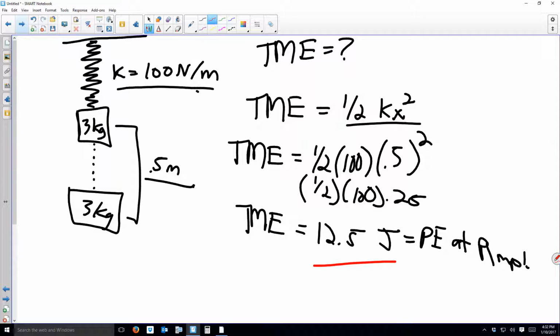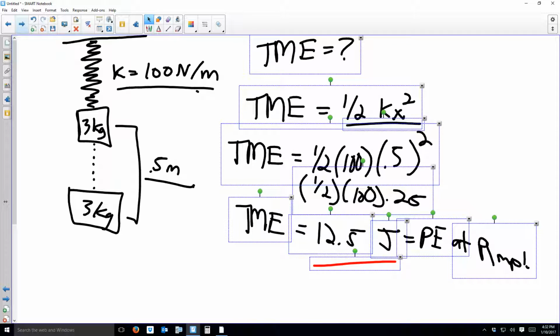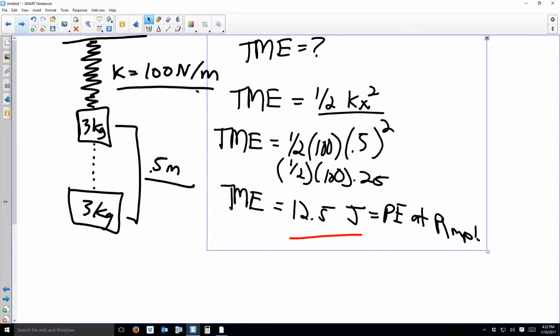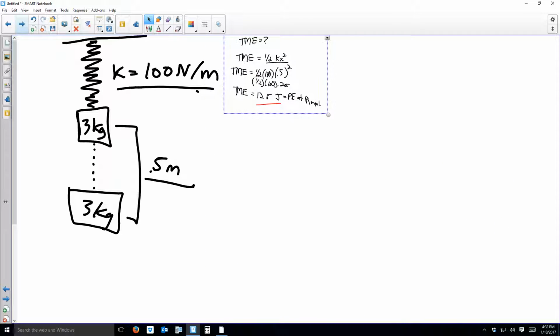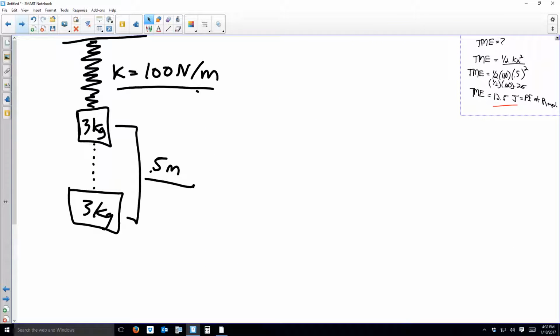Next question up for this, I'm going to kind of shrink this down a little bit. The next question up is, how fast is my object going when it gets to the equilibrium? When it gets to the equilibrium, that 12.5 that we solved for before still has to be the total mechanical energy.